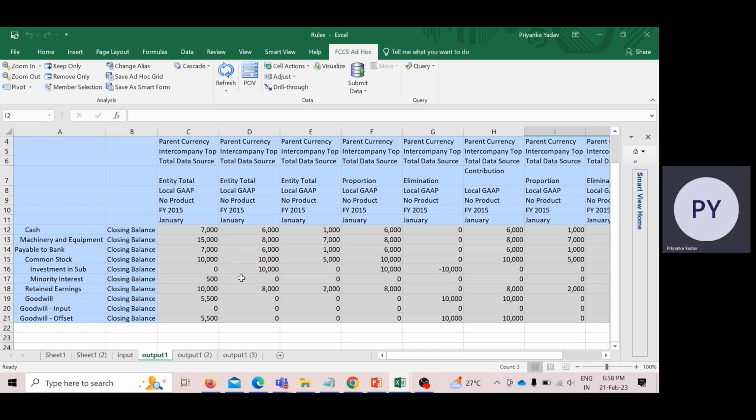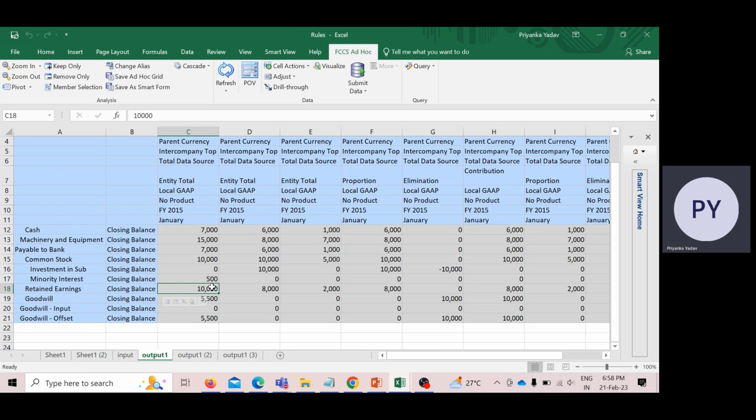Further, the ownership percentage is right now only applied on the common stock of the subsidiary. So the figures for minority interest and goodwill do not include the effect of retained earnings. Also, the retained earning figure is still intact.